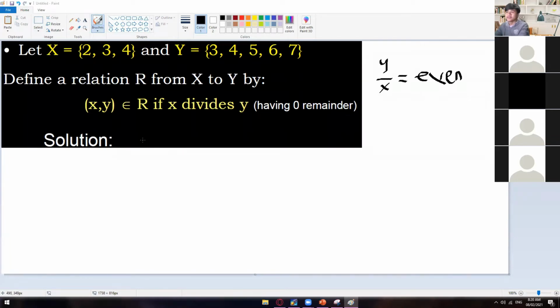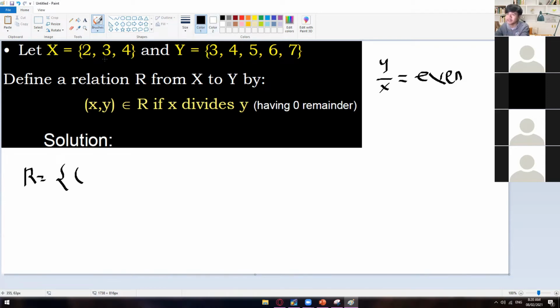So y divided by x: 3 divided by 2. Are we going to have a remainder if it's 3 divided by 2? Yes, sir, there is. So 3 divided by 2 is not included in our relation.